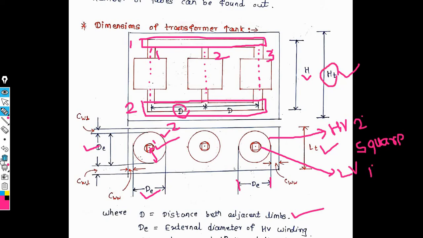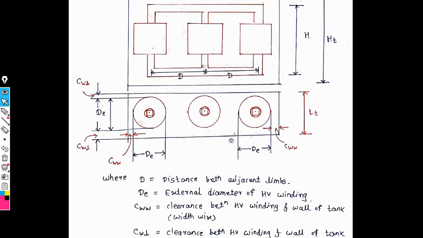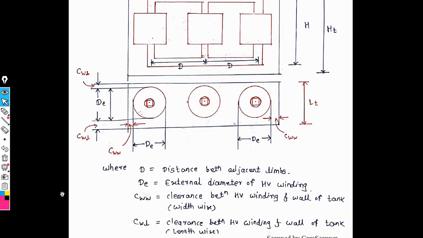Then the remaining notations: CWW means clearance between HV winding and wall of the tank. This is the HV winding, and this is the wall of the tank, so this is the clearance between them.